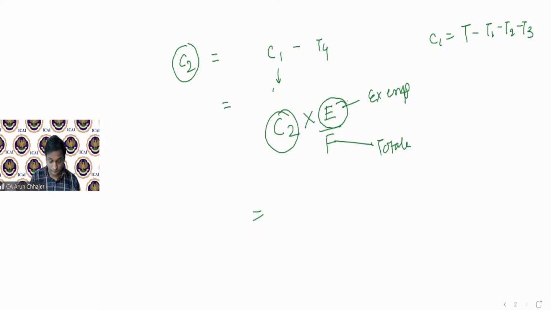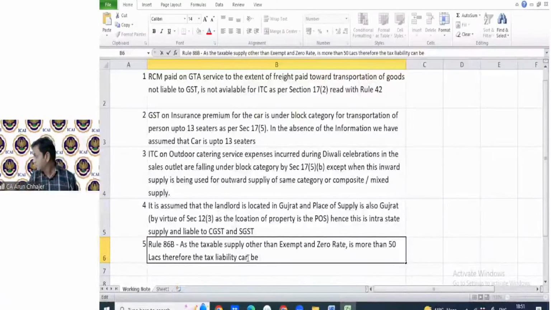Therefore, the tax liability can be paid through ITC 99% and the balance 1% has to be paid in cash. Excel sheet is not visible, is it? Oh my God. Is it visible now?